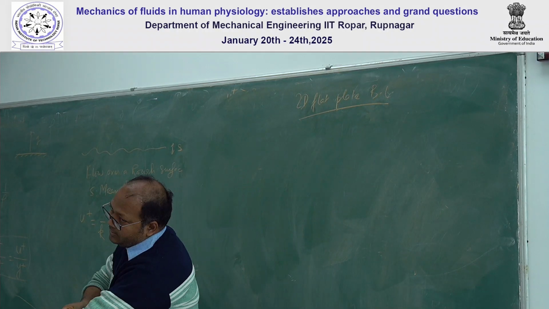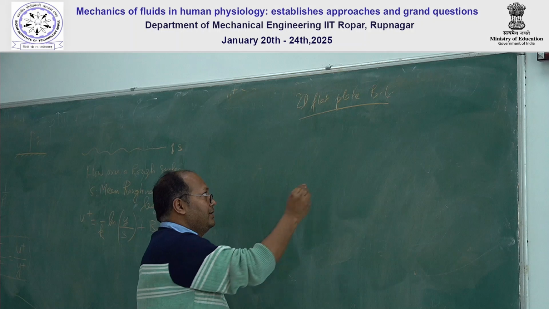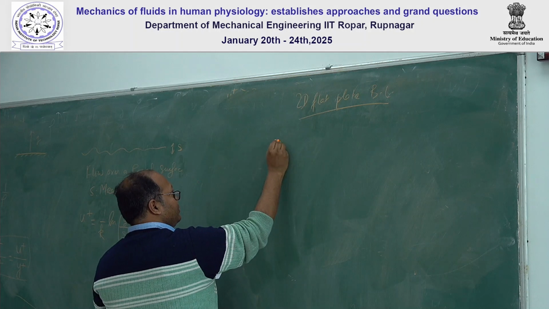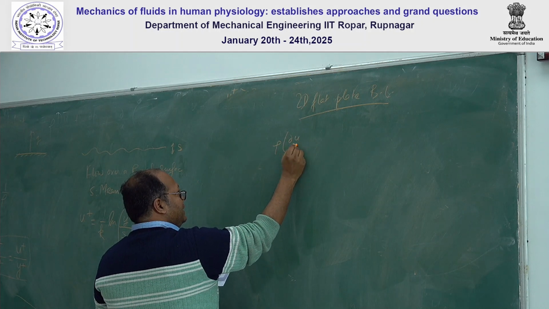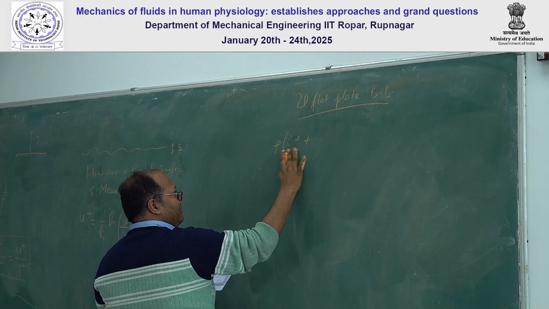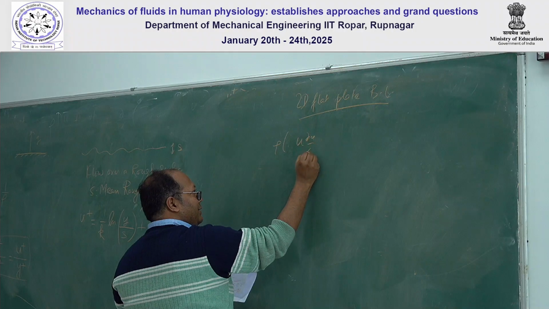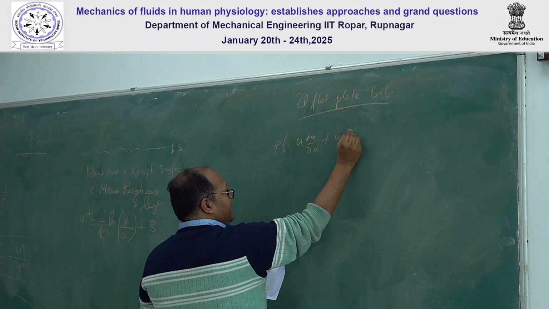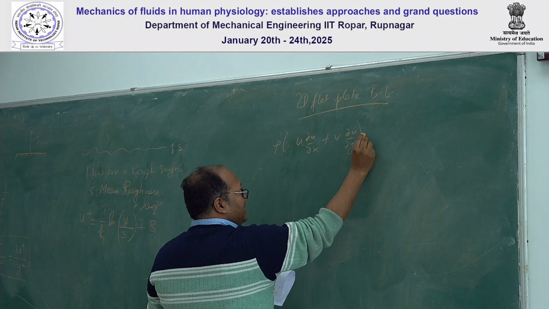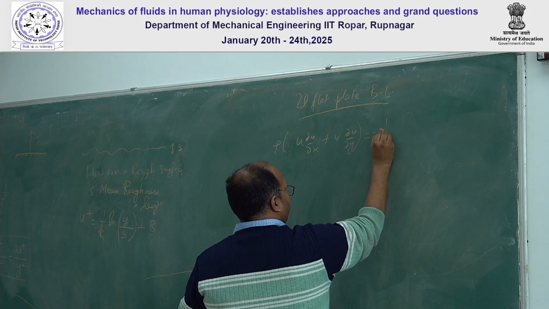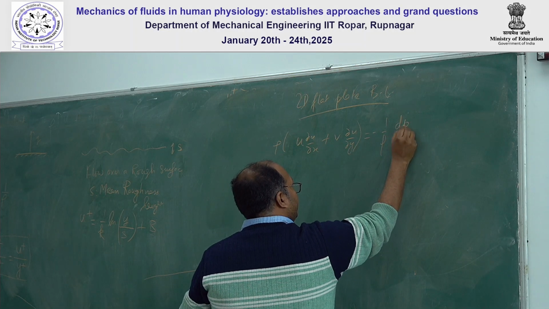If you recall, the basic equation is rho into u del u del x plus v del u del y, dropping the steady state term, equal to minus 1 by rho dp dx.